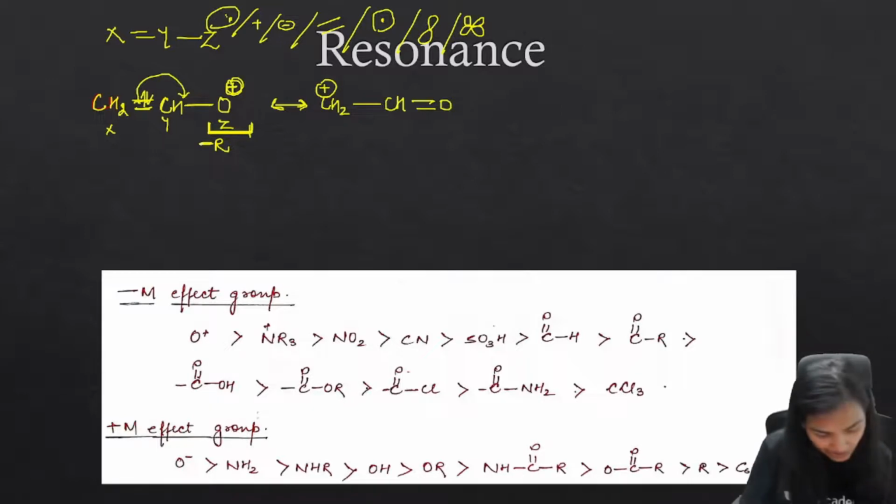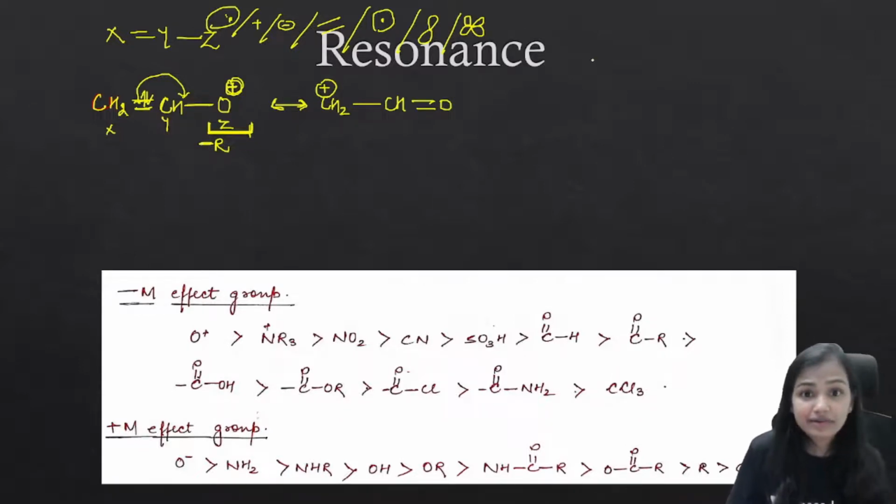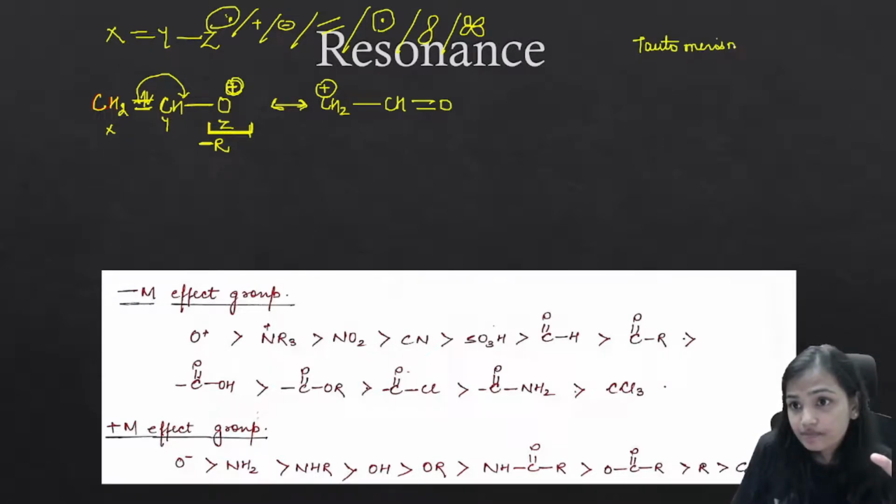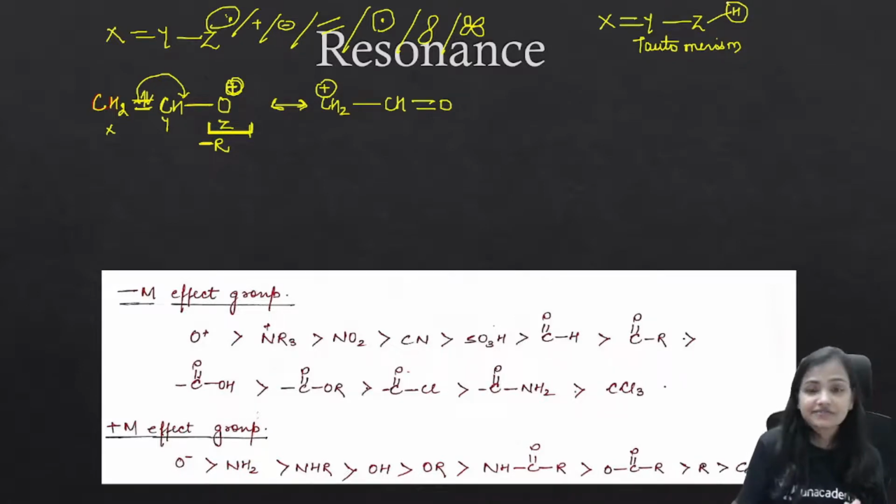Got it, Kaushal? No, this is not tautomerism. Absolutely not. If you're getting confused with tautomerism, let me tell you, in tautomerism you will have a system X double bond Y single bond Z, but over the Z you will have hydrogen. See the difference.